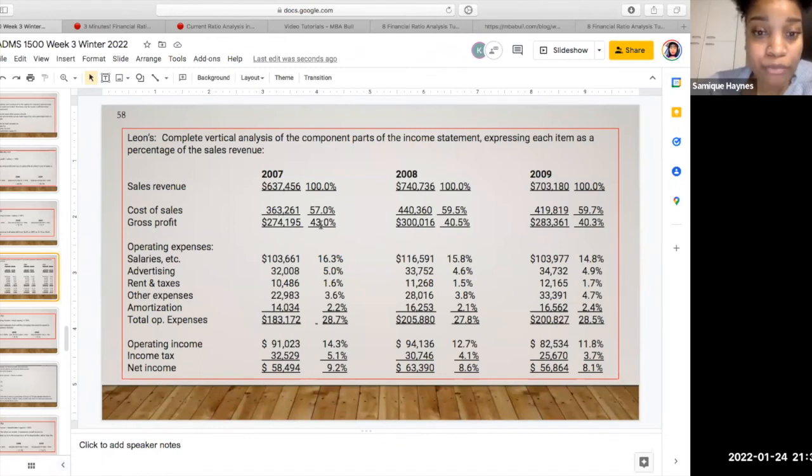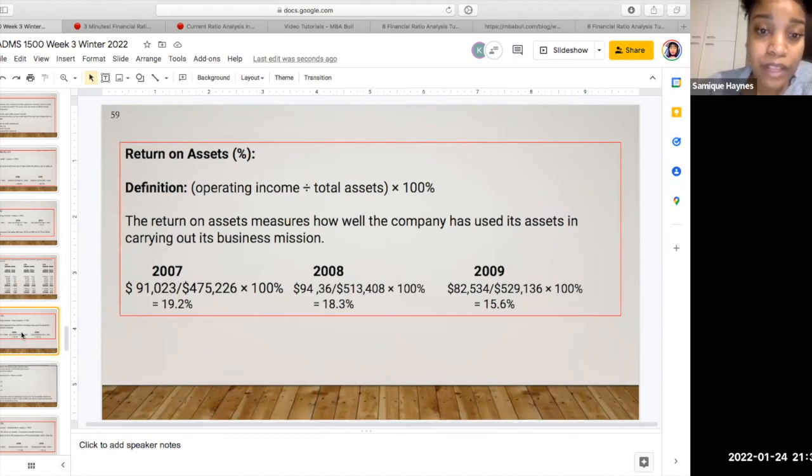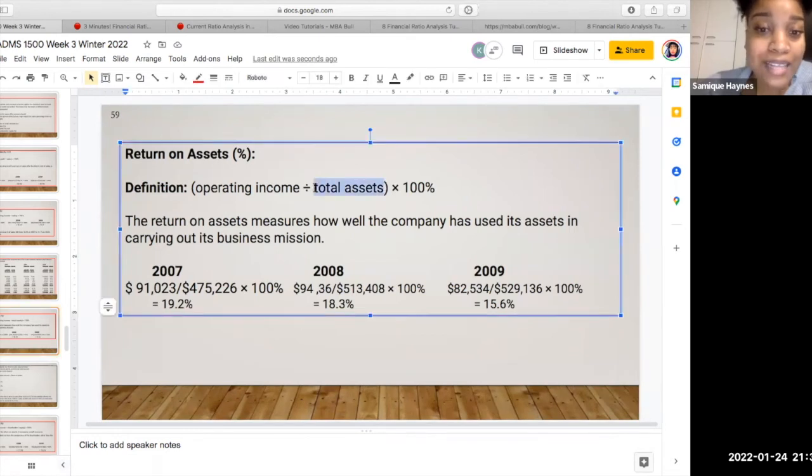So we can express gross profit as a percentage of sales, operating income over sales, salaries over sales. We can do that for all of these different parts of the income statement, okay? Then there's return on assets, right? Our operating income divided by total assets times 100%. Remember here, it says total assets, not current assets, not long-term assets or fixed assets, total assets, okay?